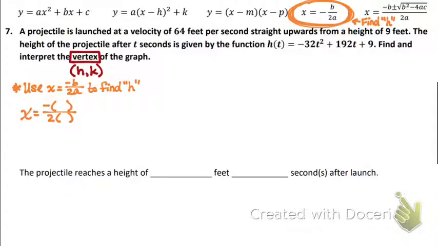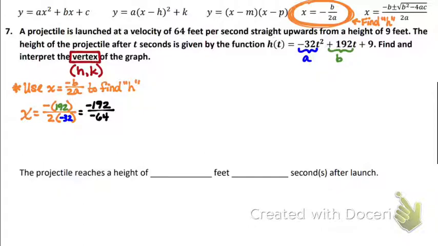What are we substituting in for b? 192. That's our b value. What are we going to substitute in for a? Negative 32. So in my numerator, I have negative 192. In my denominator, I have negative 64.